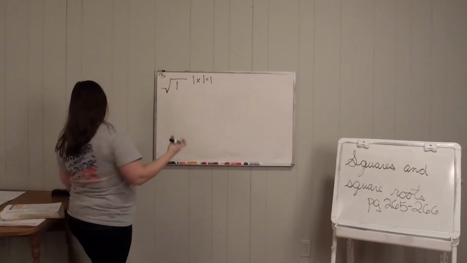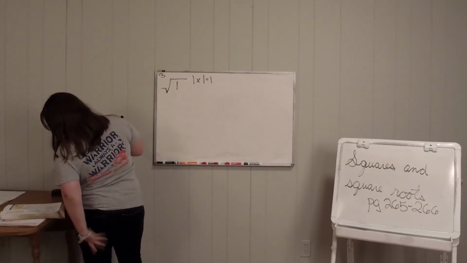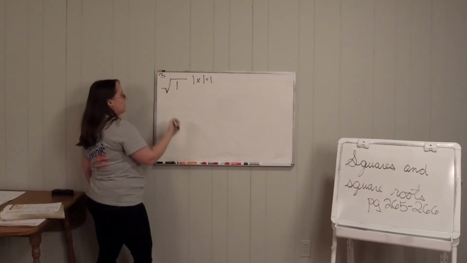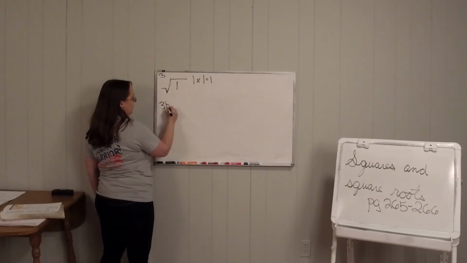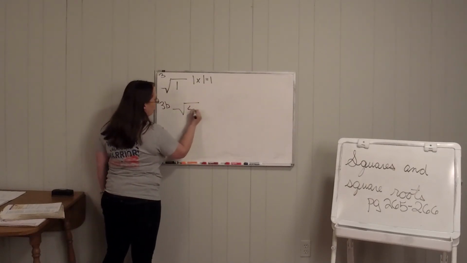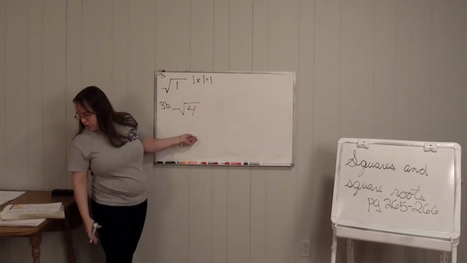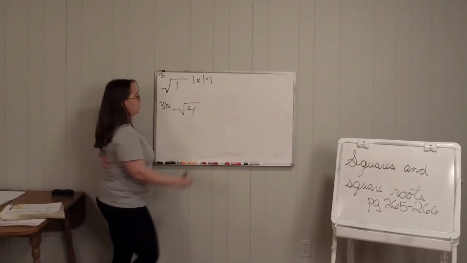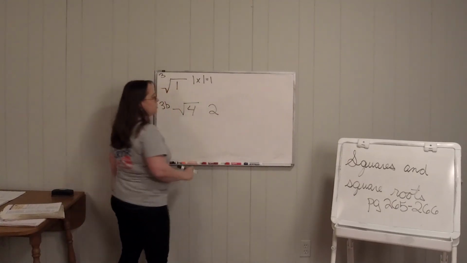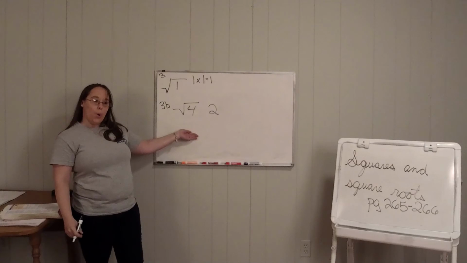That's where your square root is. Okay, 3B is the square root of 4. What double multiplication fact is going to give you 4? 2. 2 times 2 is 4.